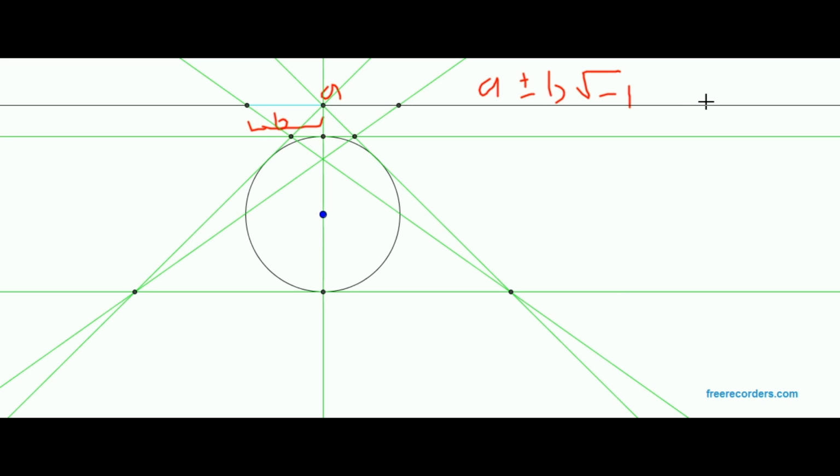So since it's multiplied by the square root of minus 1, this second part here is the imaginary part, and this can be plus or minus. So in terms of standard complex numbers, you basically have two contact points and they are complex conjugates of one another. Anyway, let's have a look now at this from a more geometric standpoint.